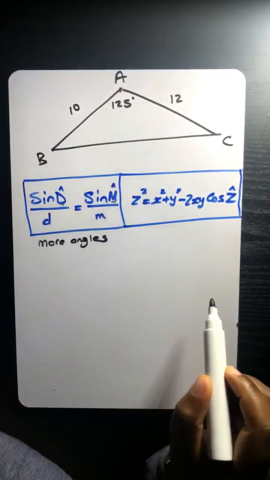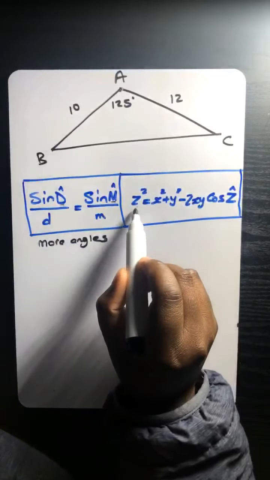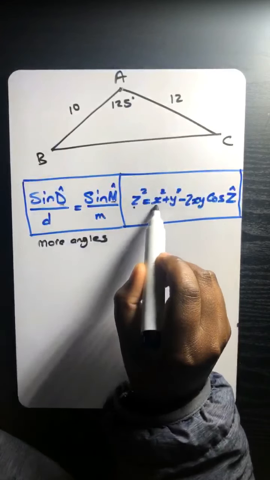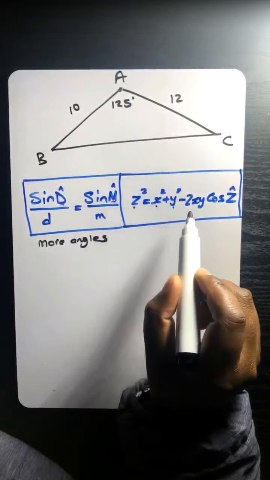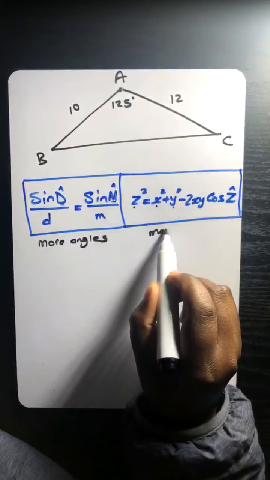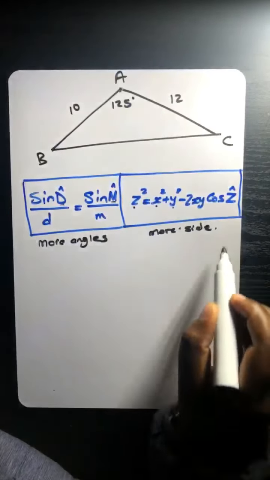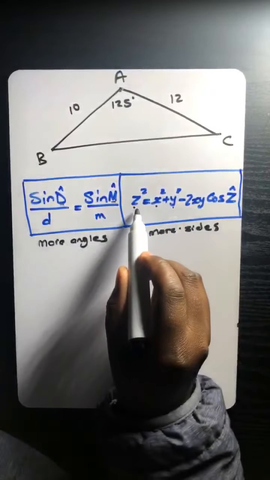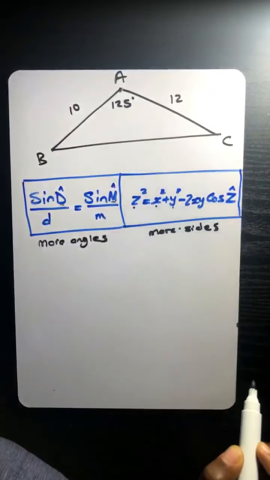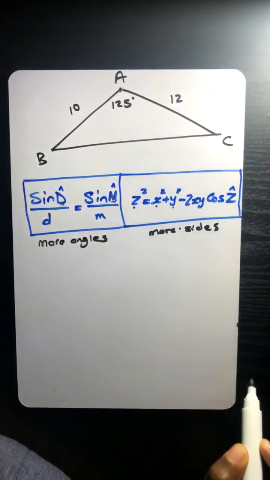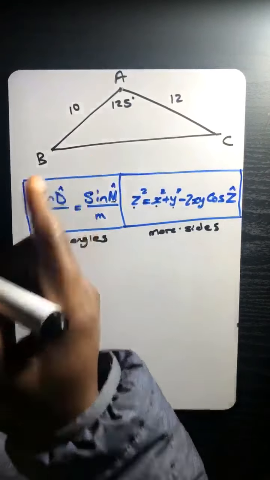And then for this one, check how many sides we've got. We've got one side, two sides, three. So if we have too many sides or more sides, we are most likely to consider or consult that formula.